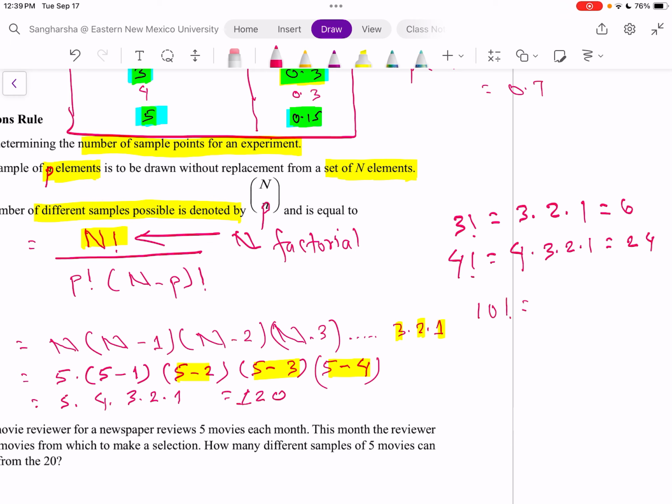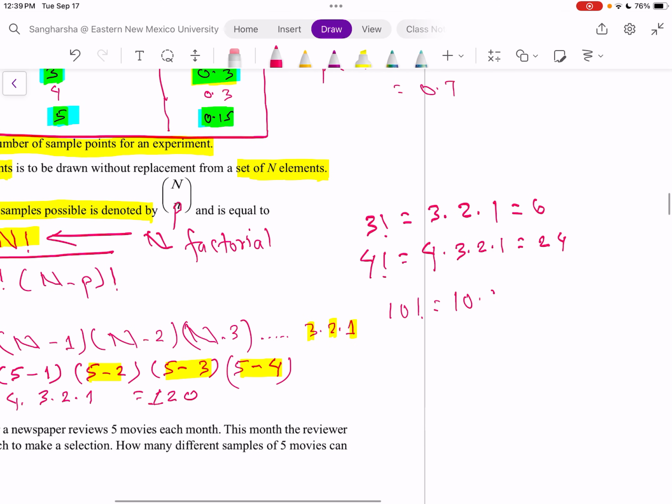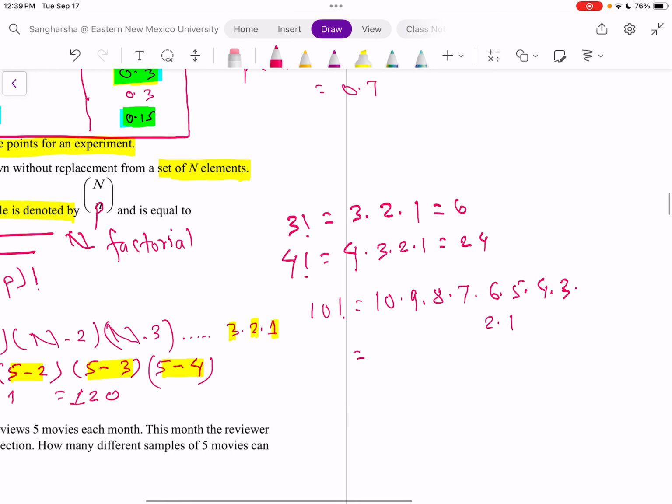Similarly, what will be 10 factorial? 10 factorial is 10 times 9 times 8 times 7 times 6 times 5 times 4 times 3 times 2 times 1. So you are multiplying down to 1. Can anyone help me here? Or you might have that factorial sign on your calculator too, and you can use that. 3 million, how much? 3,628,800.